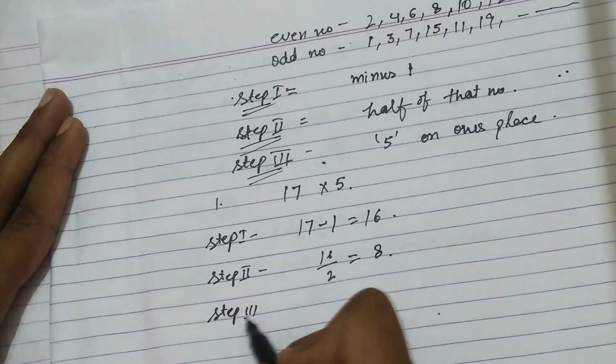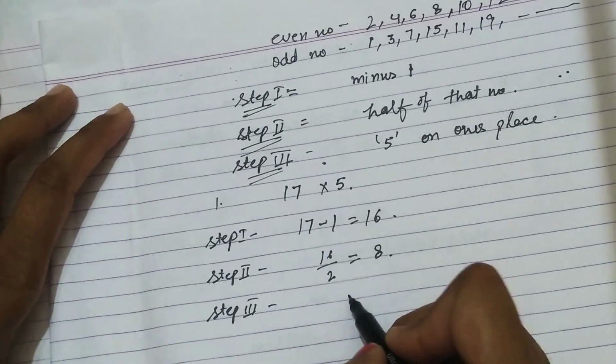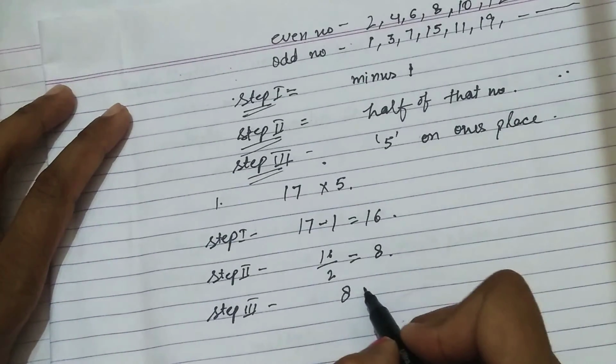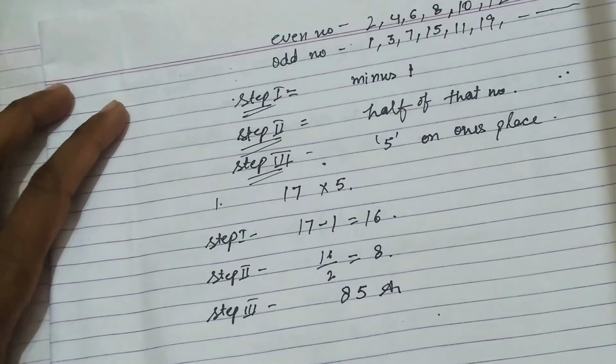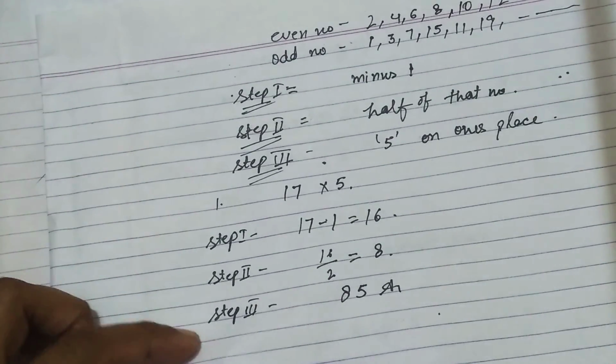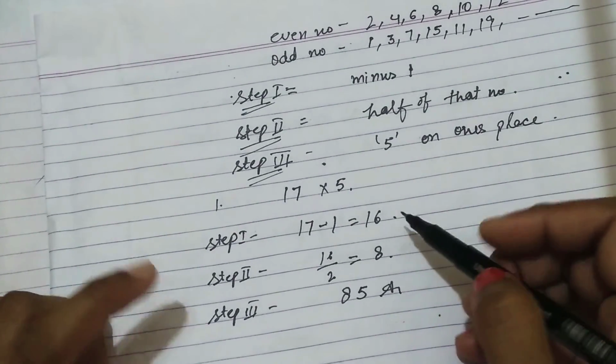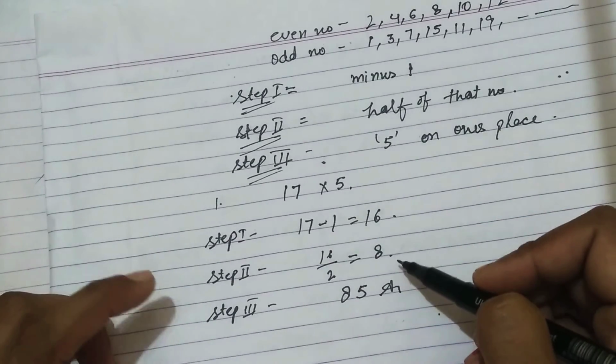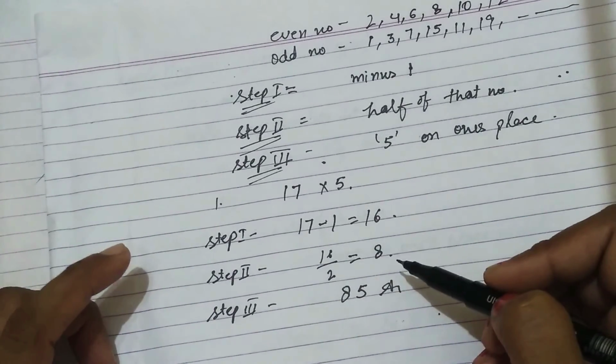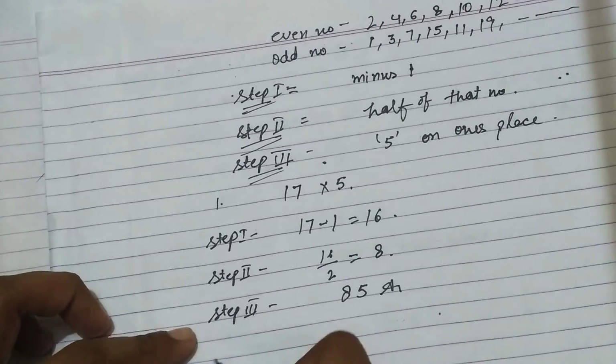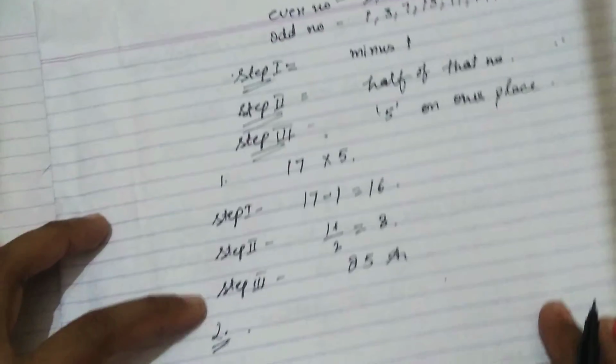And step third, put 5 on the ones place. So the answer is 85. In this method we don't need any multiplication or any table. So let's see a second example.